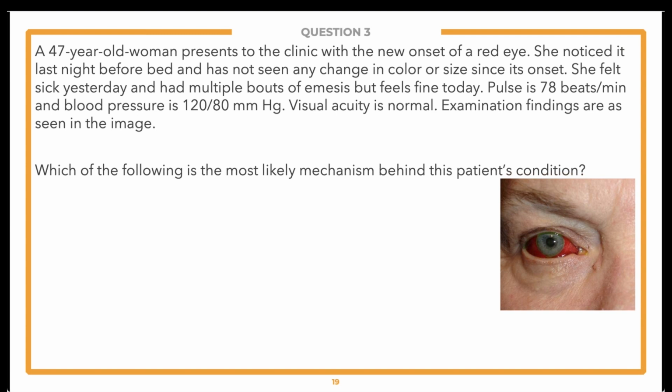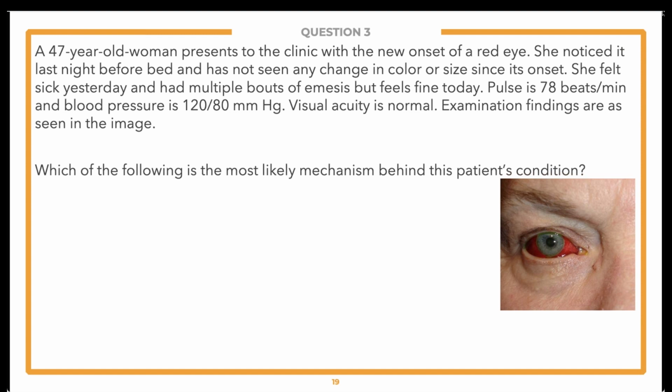So here again, we've got the answer choices covered up. First, let's read that lead-in. Which of the following is the most likely mechanism behind this patient's condition? Clearly when you're looking at a question like this and you're thinking about most likely mechanism and you already see the visual, that eye staring at you is going to catch your eye, right?